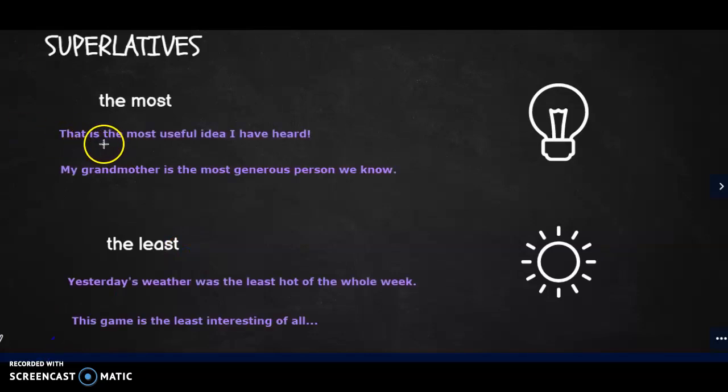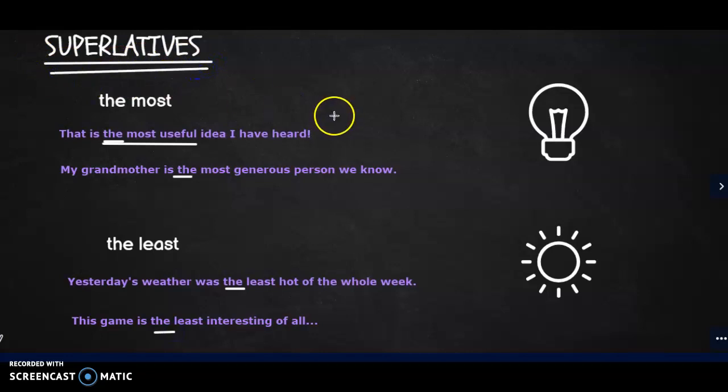That is the most useful idea I have ever heard. Remember to use the, because we always use the when we are using superlatives. That is obligatory. So, the most useful. That means of all the ideas, that was the best.